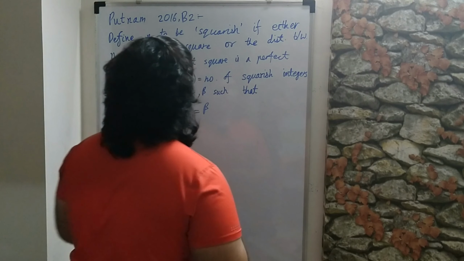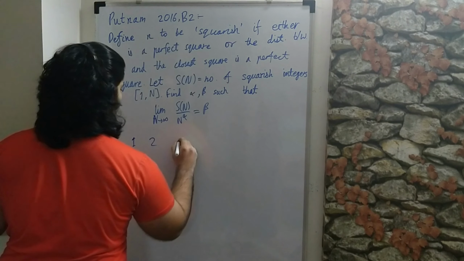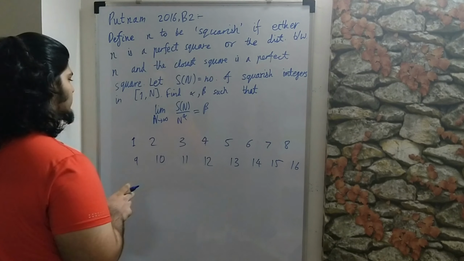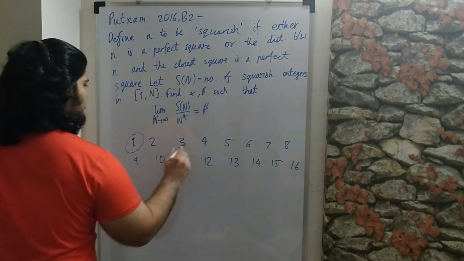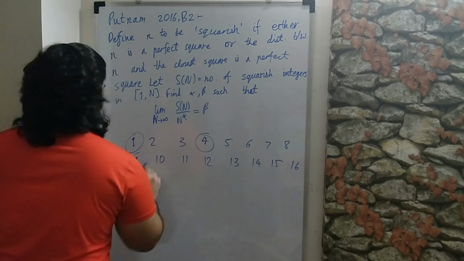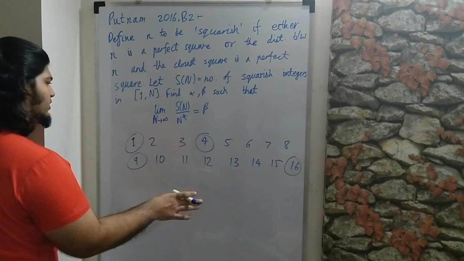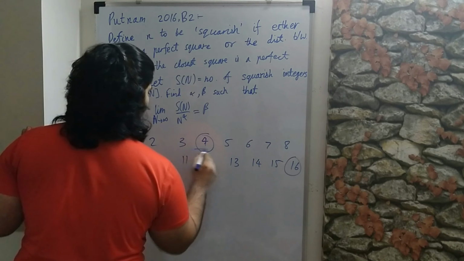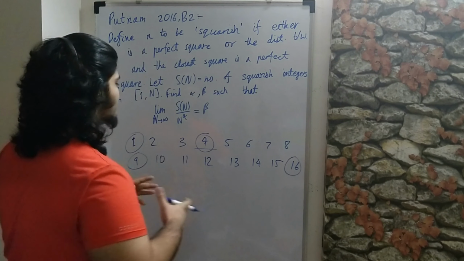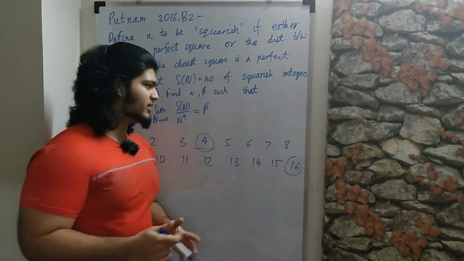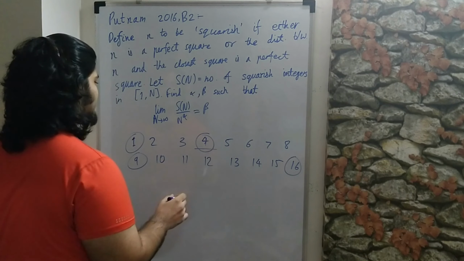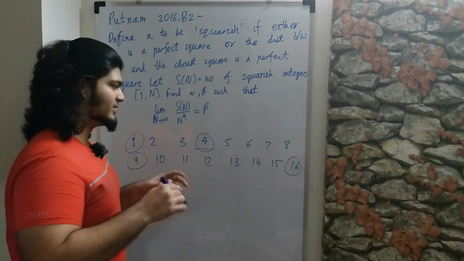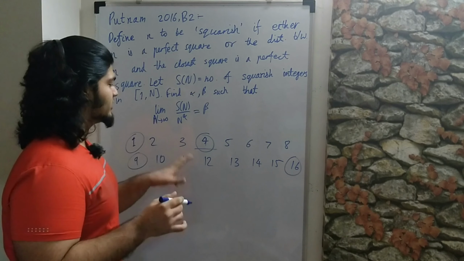What I mean by that is, let's write some integers. Okay, so I have the numbers from 1 to 16 written out over here. Now let's look at which are the perfect squares. So that and that. So we have these 4 perfect squares in this interval. Now let's go to the perfect square 4, and ask it how many squarish integers do you have. What I mean by that is how many squarish integers are related to 4, in the sense that the distance from 4 is a perfect square and the closest square to them is 4.